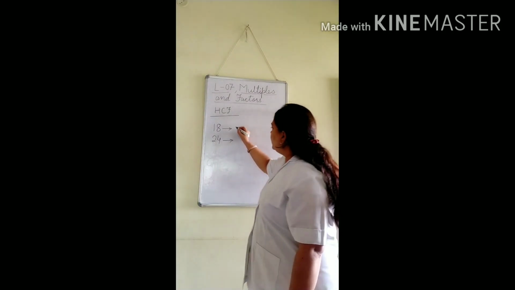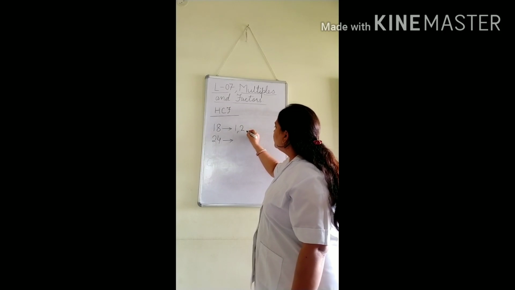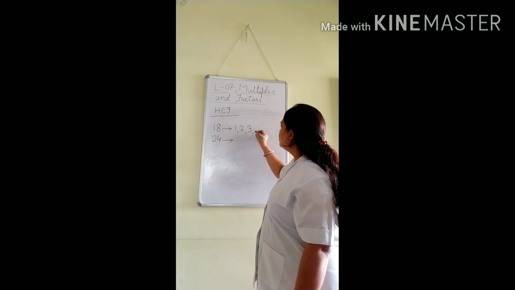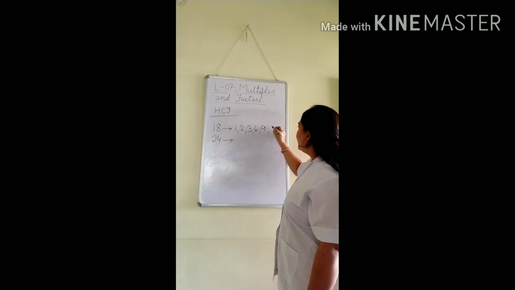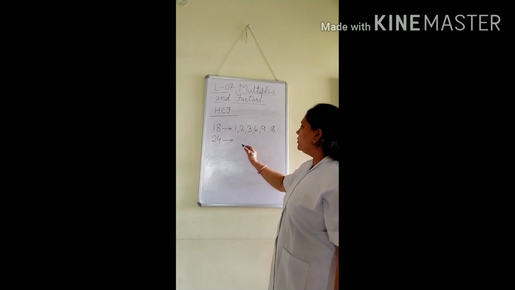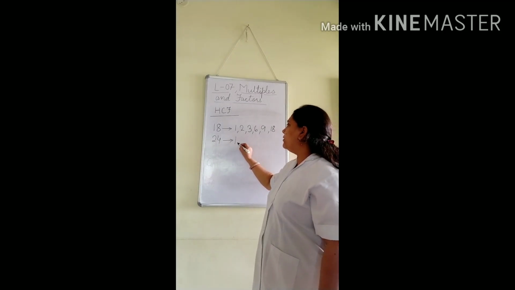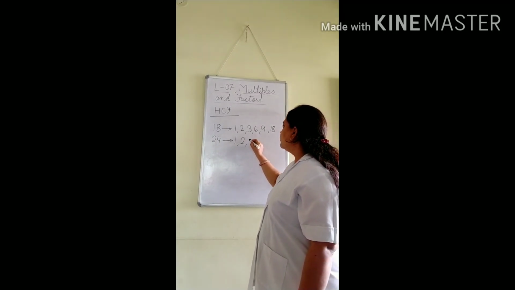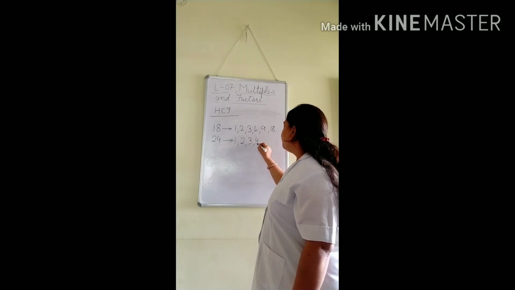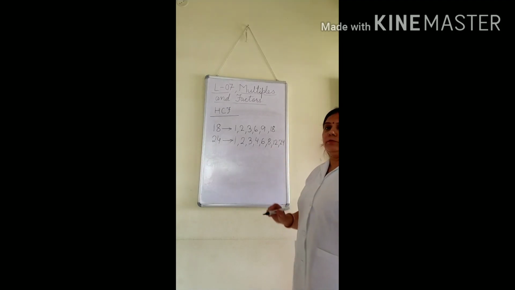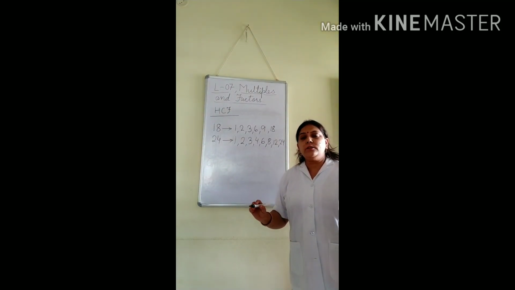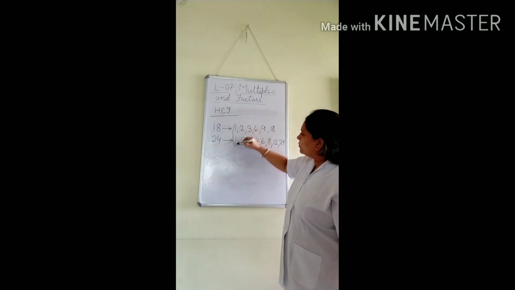The factors of 18 are 1, 2, 3, 6, 9 and 18. Now the factors of 24 are 1, 2, 3, 4, 6, 8, 12 and 24. Now we see which ones are common among them.